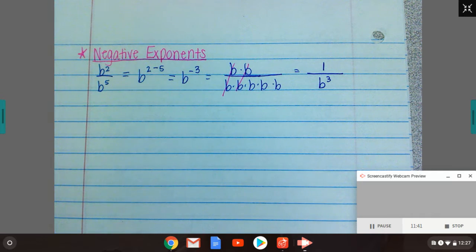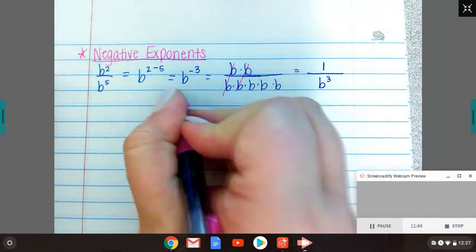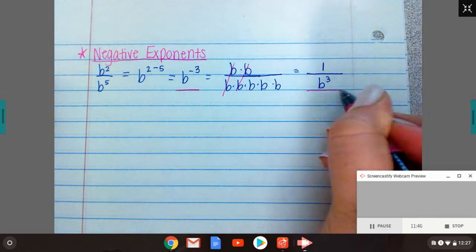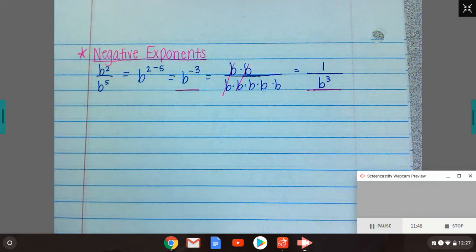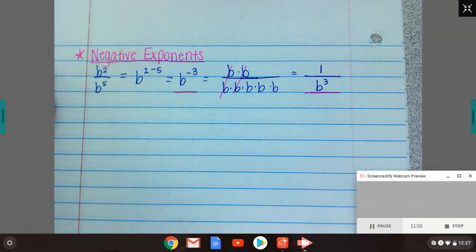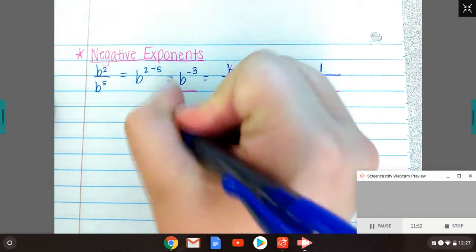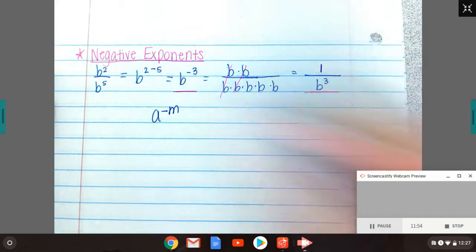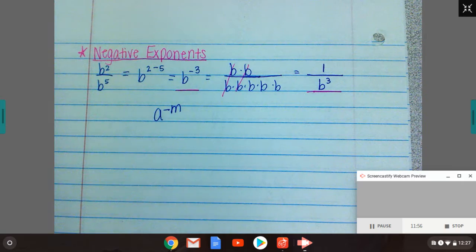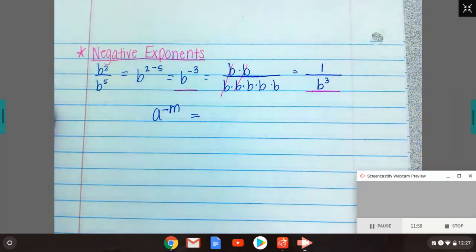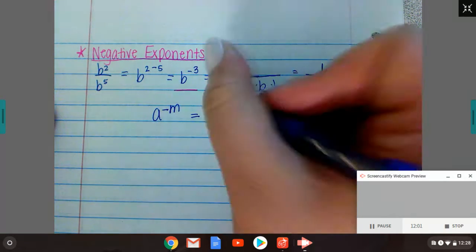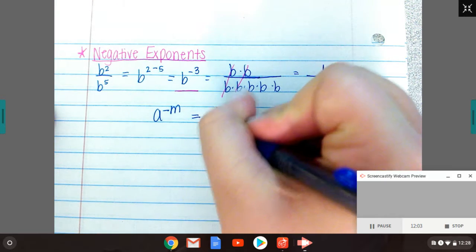So our property here is that if we have a negative exponent, we can put it on the denominator and make it positive. So let me re-say that in the format we've been working with. If I have a to the negative m, so anything to a negative exponent, you can flip it, do the reciprocal, I should say, and make it a positive exponent.